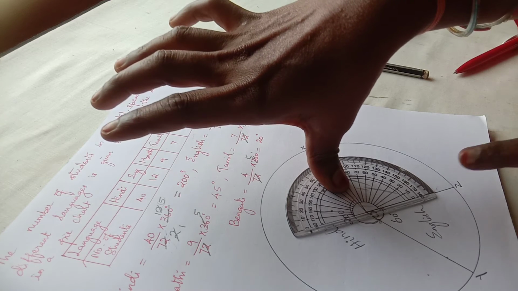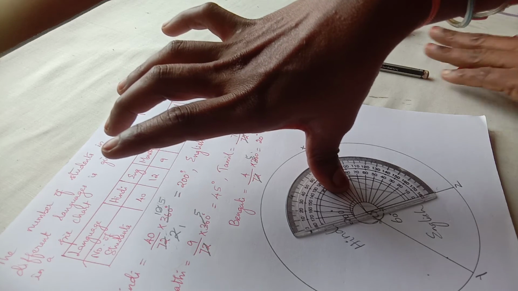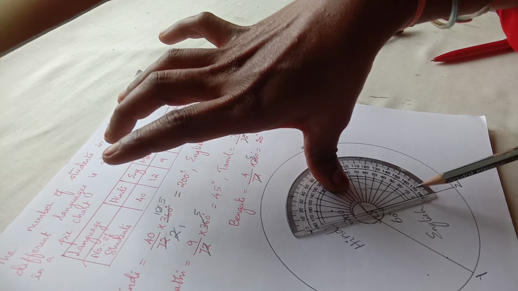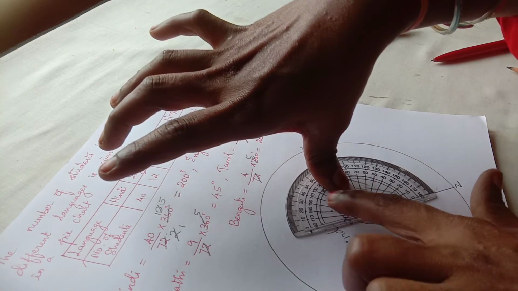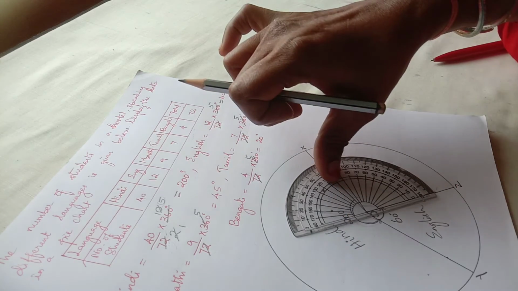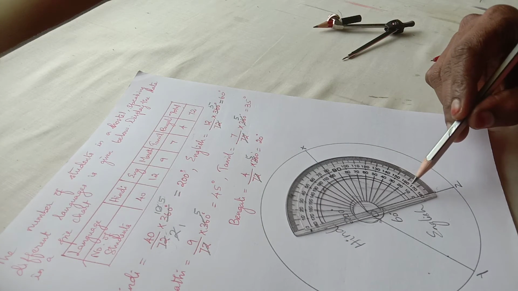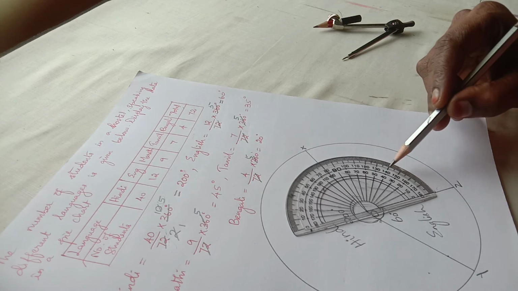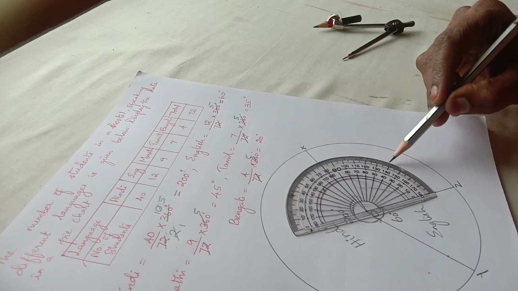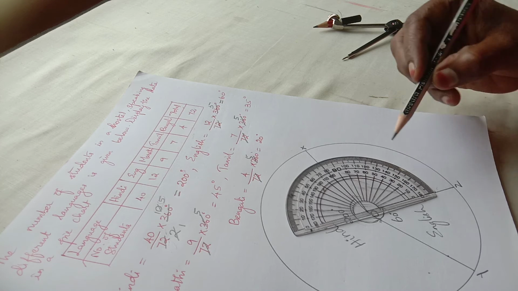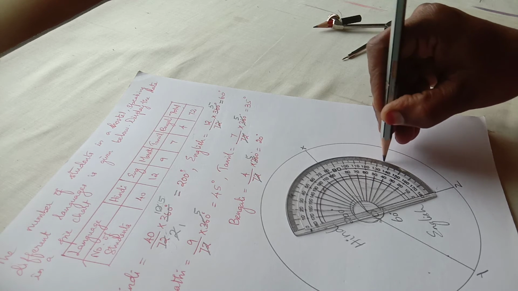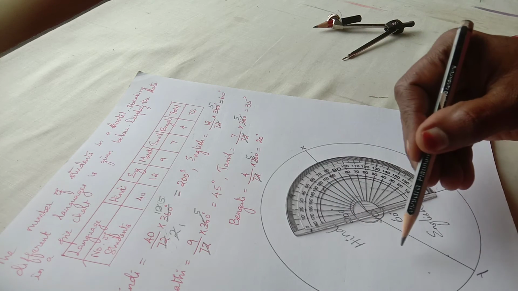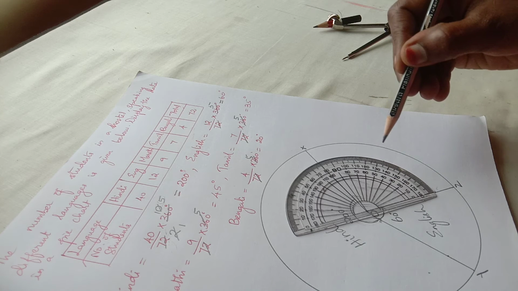Marathi, we are going to construct 45 degrees. 0, 10, 20, 30, 40, then 41, 42, 43, 44, 45 here. 45 degrees, because we are moving like this.